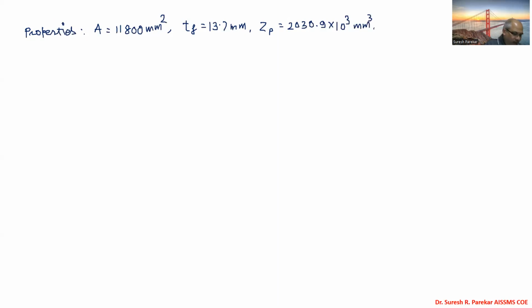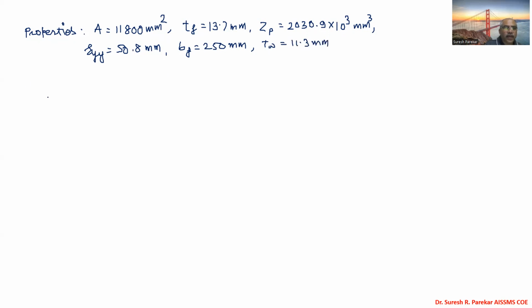We have the properties of the section: A is 11800 mm square, TF 13.7 millimeter, ZP 2030.9 into 10 raised to 3 millimeter cube, RYY 50.8 millimeters, BF 250 millimeters, TW 11.3.